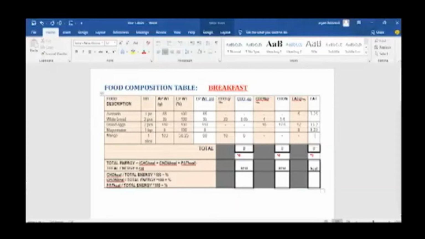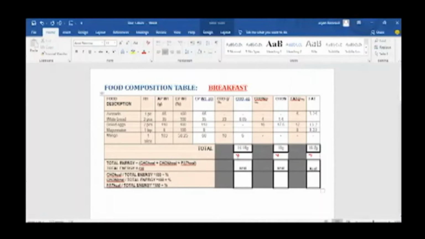So we add the carbohydrates of the meal, the proteins of the meal, and the fat. So for carbohydrates, all in all, we have 14.15. Then for protein, we have 19 grams. Then for fat, we have 16.7 grams. So we multiply it based here.